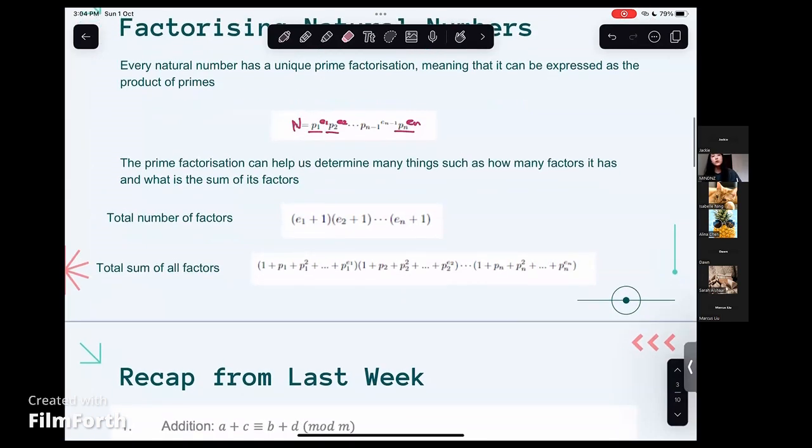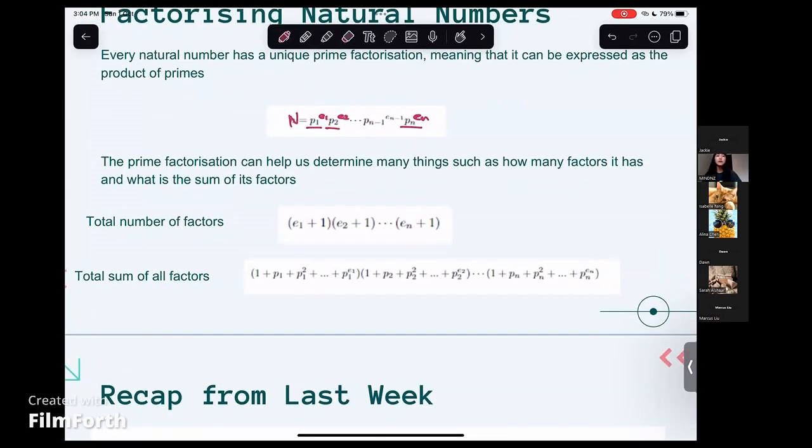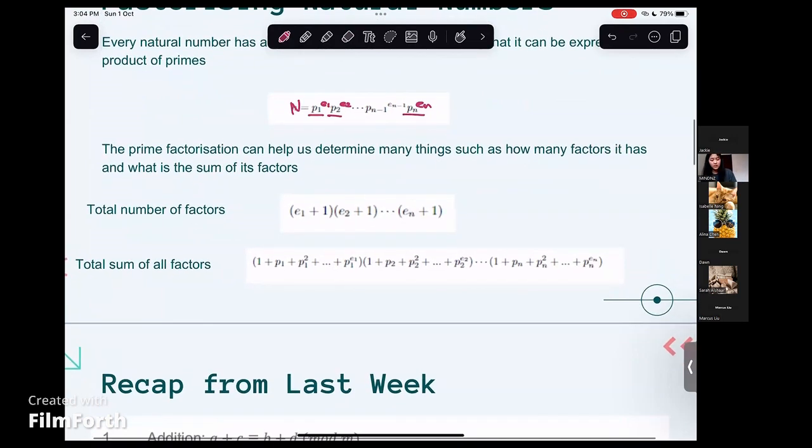And now we're going to talk further about some properties we can use prime factorization for, which can be really helpful. So now we can consider the total number of factors. Some questions might ask you to find the total number of factors of some number. You could count them up one by one, but sometimes that gets really hard, especially if the number's really big.